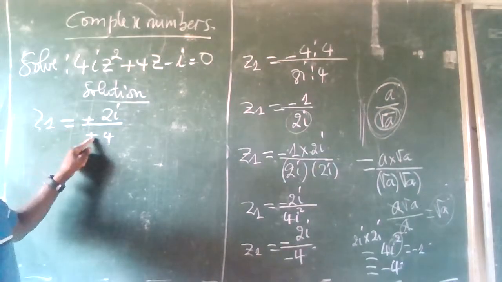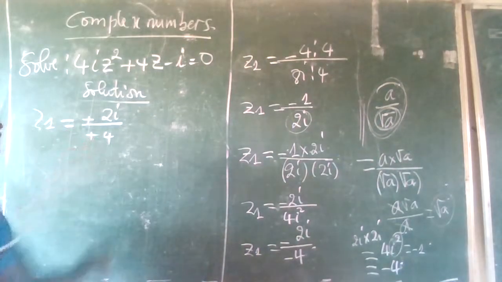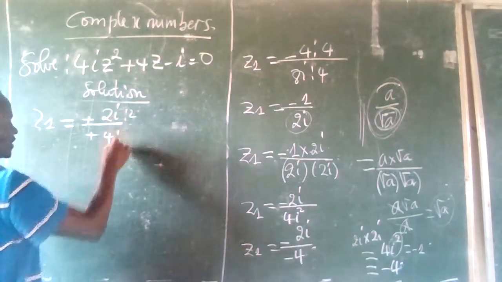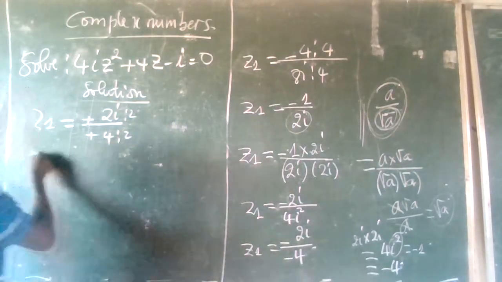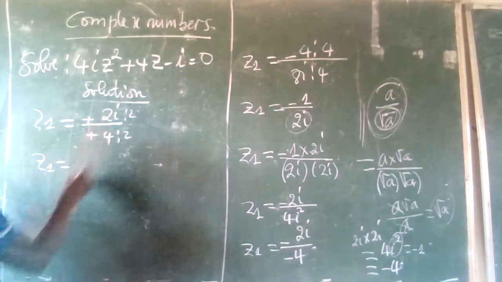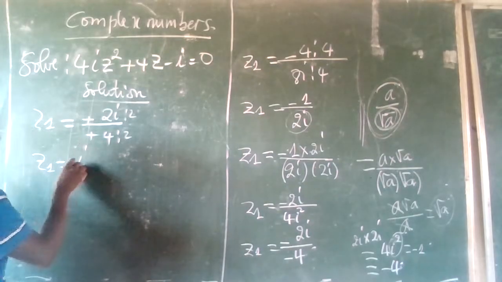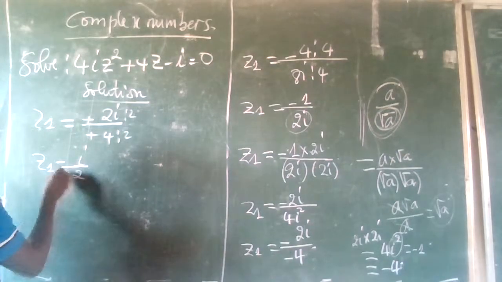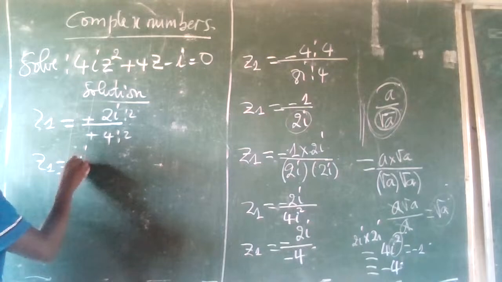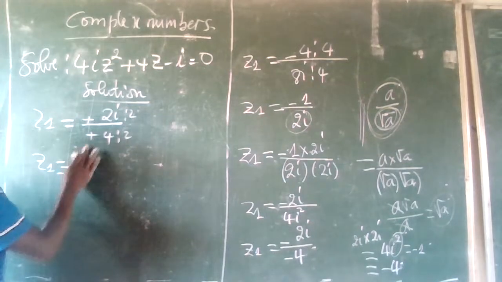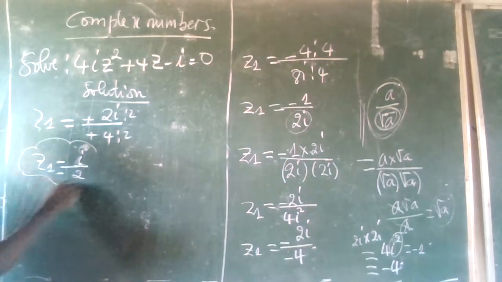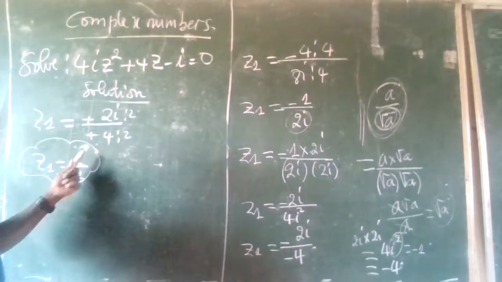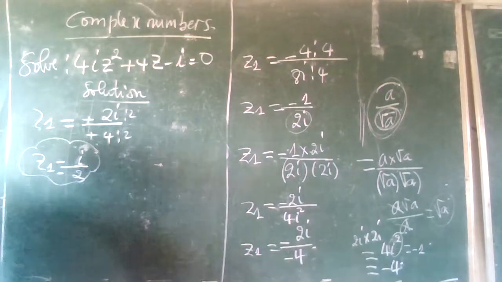Negative over negative will be positive, and simplify by 2, here by 2. Now Z will be i over 2. This is i over 2. It is our equation.